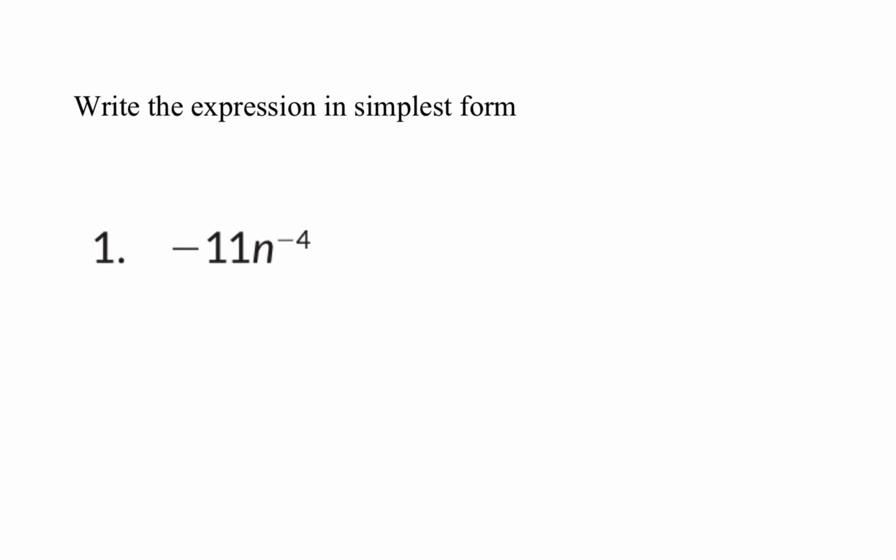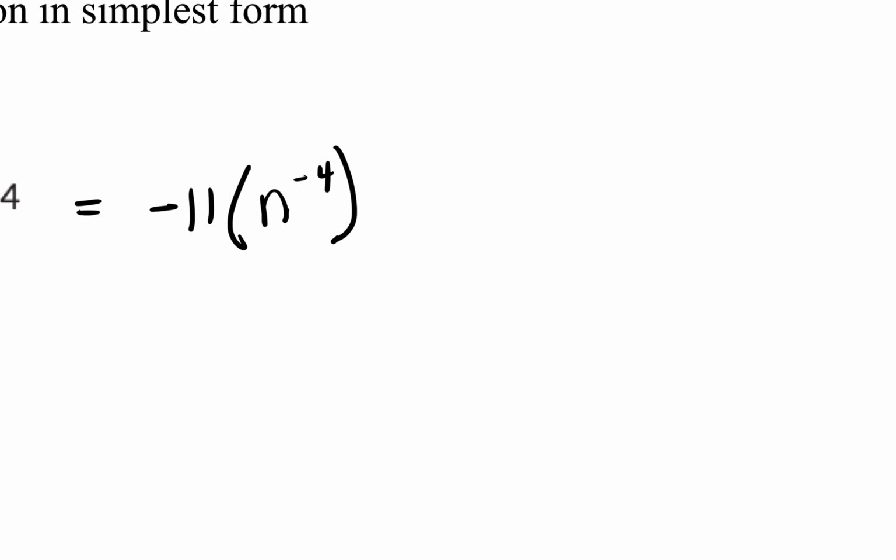And the last one, write in the simplest form. Another way to write this is -11 times n to the -4. The reason I did this is so you can see that they're separate, okay? I need to get rid of my negative exponent, which is over 1. In order to do that, you have to move things around.